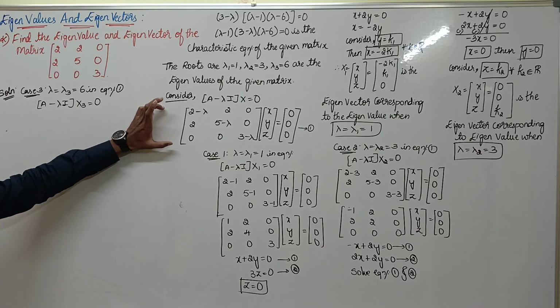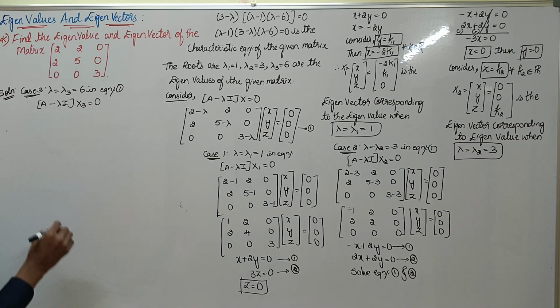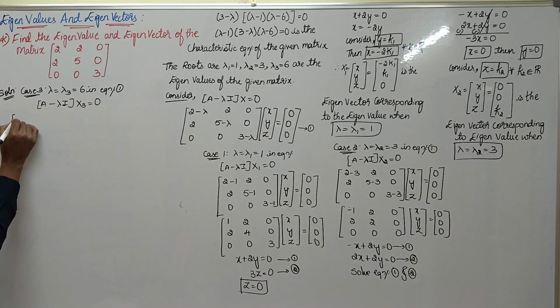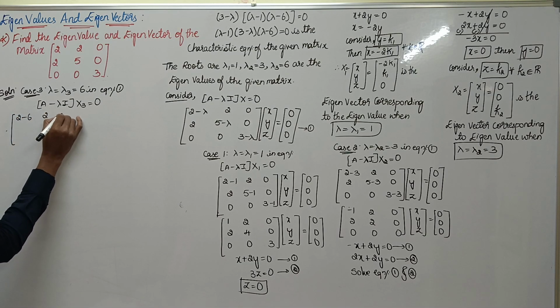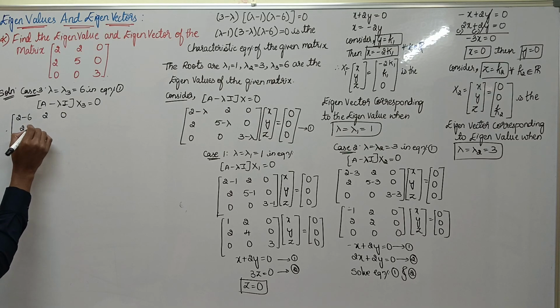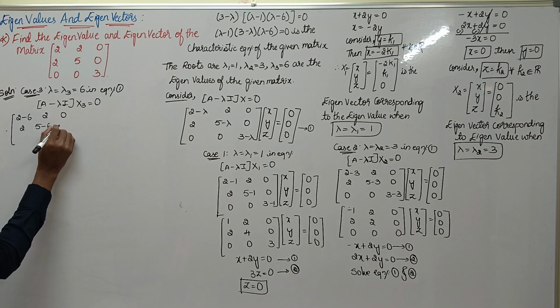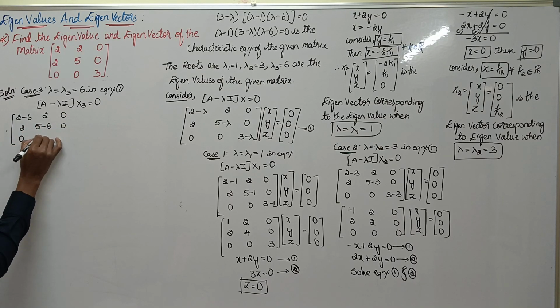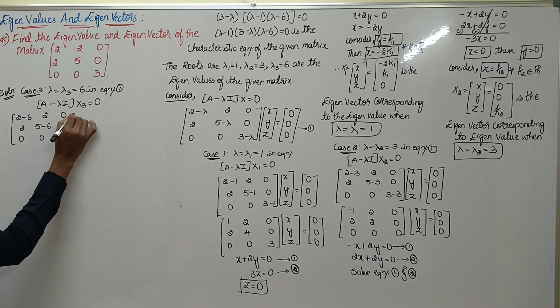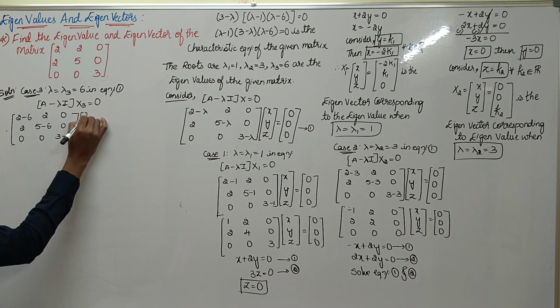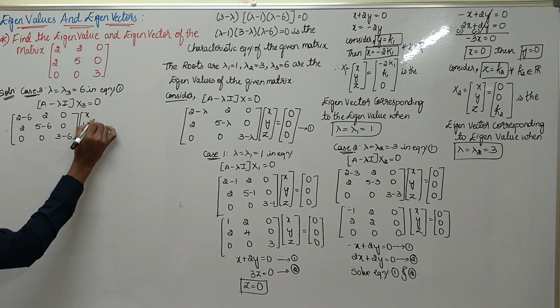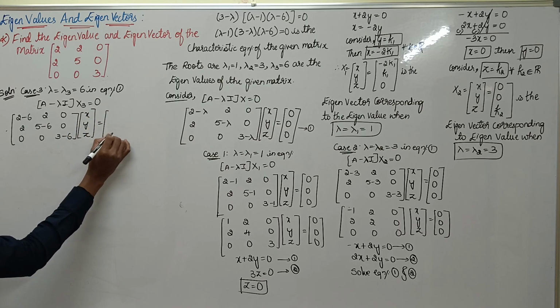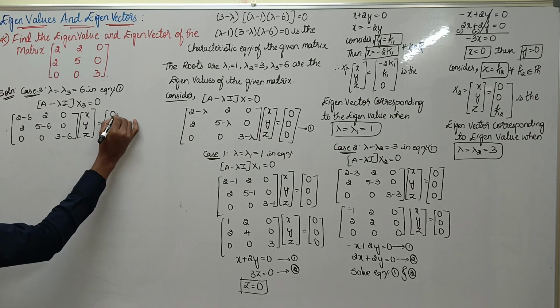What is our equation number 1? This is our equation number 1. Now let us simplify this, that is 2 minus 6, 2, 0, 2, 5 minus 6, 0, 0, 0, 3 minus 6 into x3, the unknowns x, y, z, which is equal to 0, 0, 0.